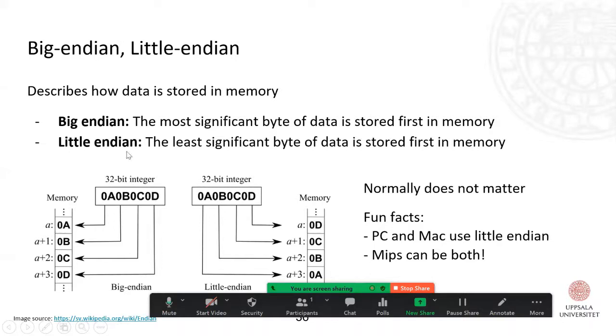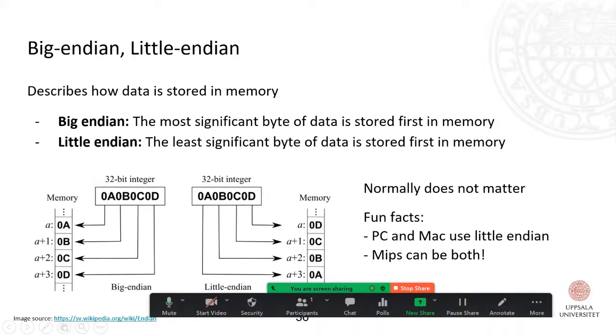In little endian, it is the opposite, meaning that the lowest parts are stored in lower addresses. These are the addresses. Imagine it was A, for example. And then when you proceed in memory, you will store the higher bits. MIPS can be used in both ways, little endian and big endian.